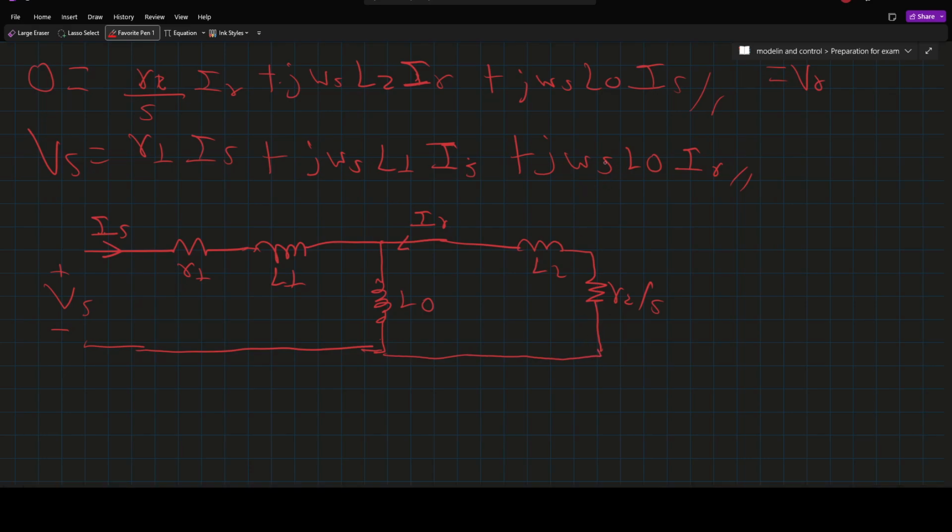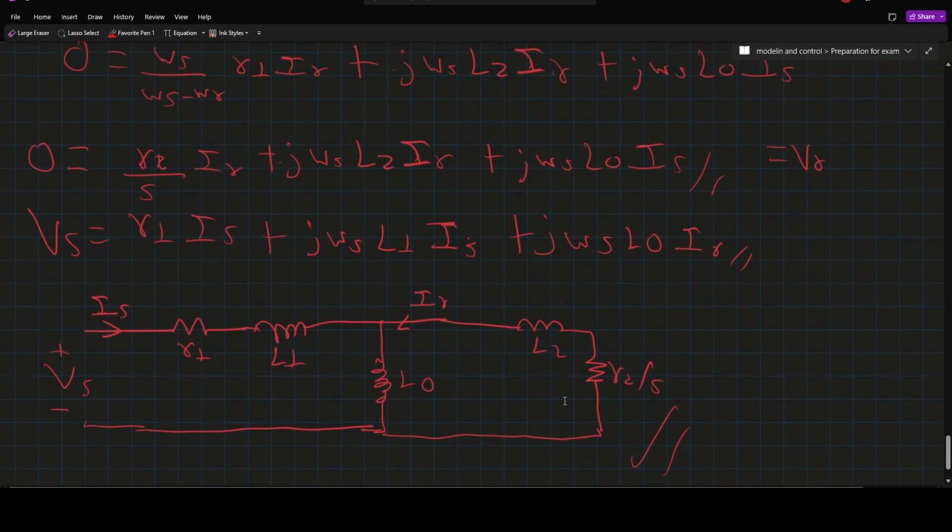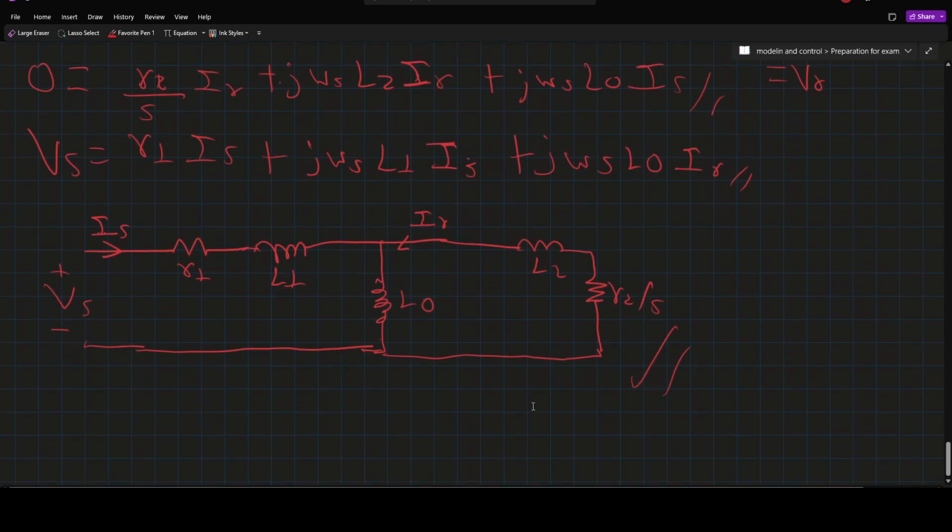And here we have our omega s L naught times IR. That is this one. So, okay, this is our model of our squirrel cage induction machine in steady state.